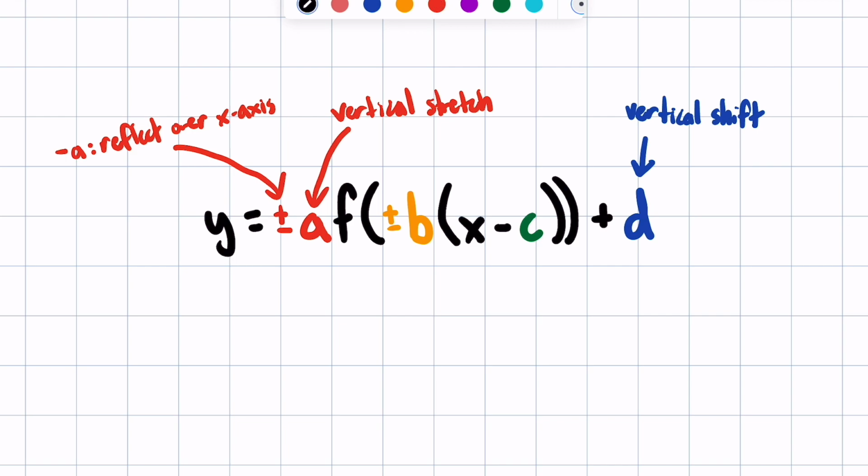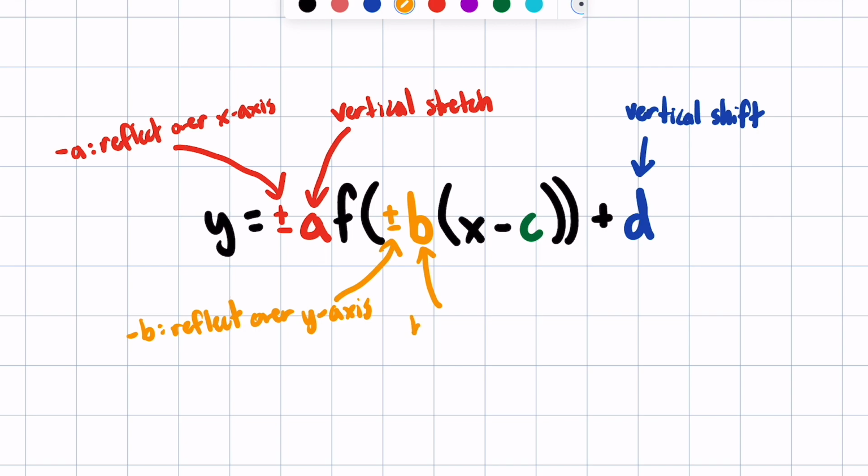Now, inside the parentheses, the things that happen in the x direction, everything's opposite, okay? The plus or minus B thing works the same way, in that for a negative B, we reflect, this time over the y-axis, right? So it's a horizontal reflection. But B doesn't represent a horizontal stretch.